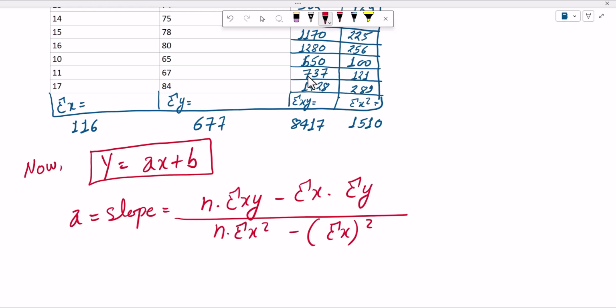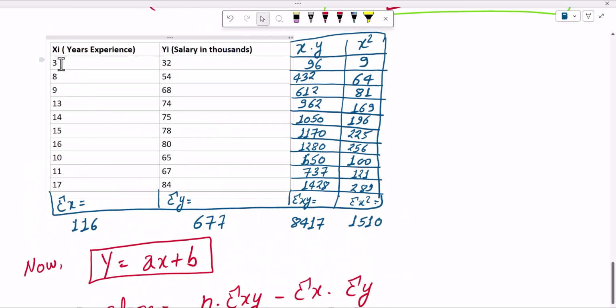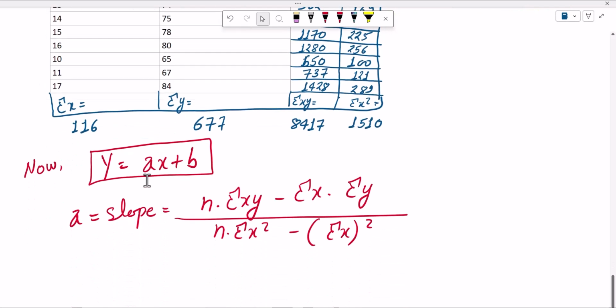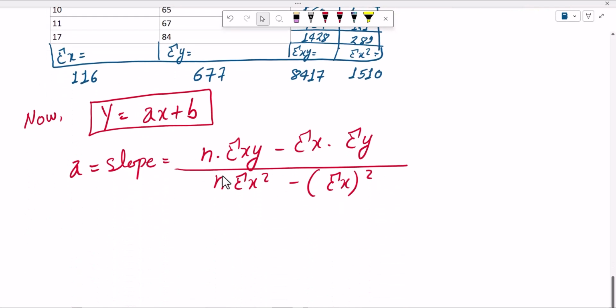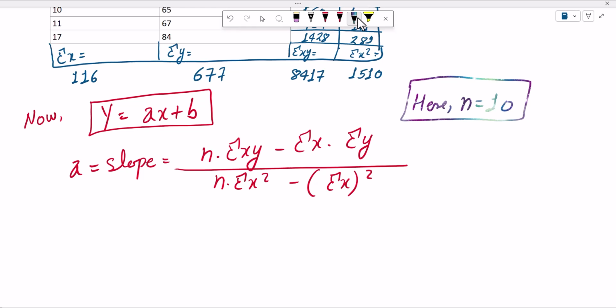Now n equals the total number of rows. We have 1, 2, 3, 4, 5, 6, 7, 8, 9 and 10. We have 10 data, so as per the question there are 10 rows, so n equals 10.